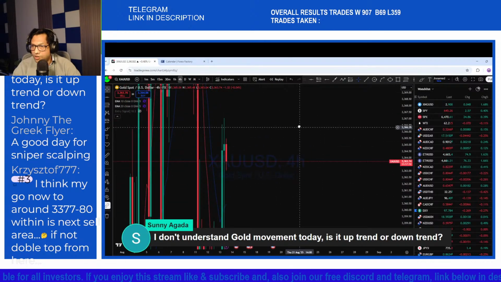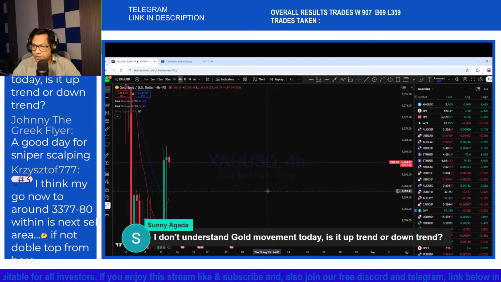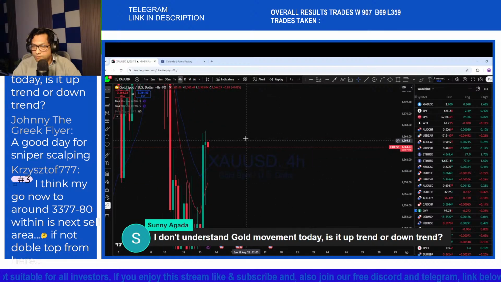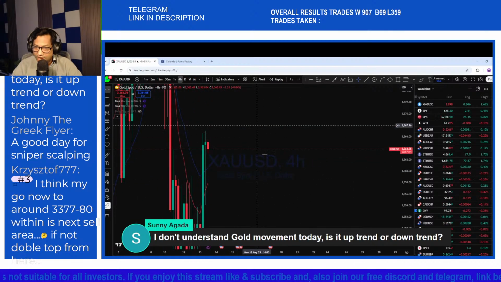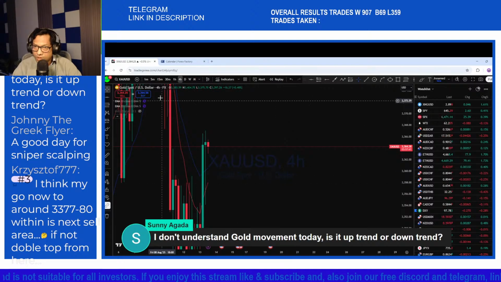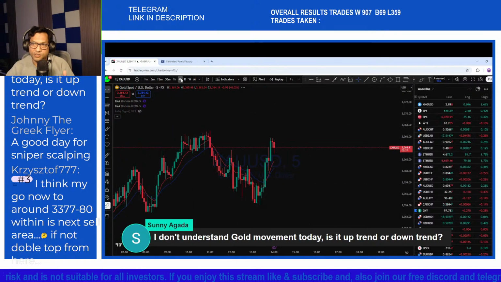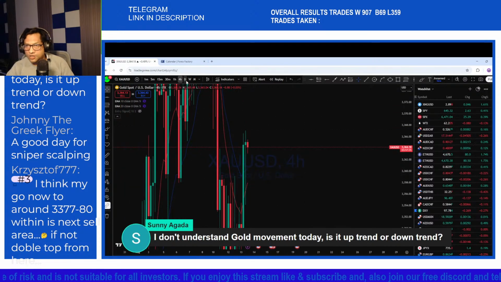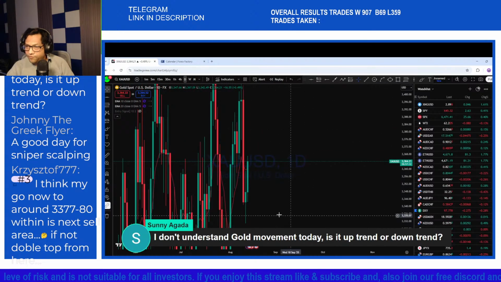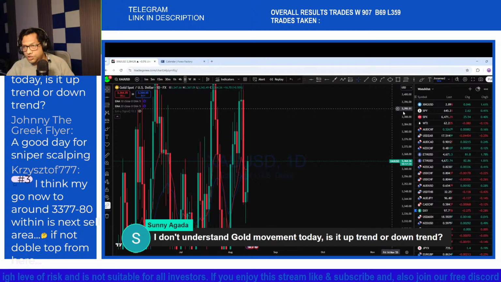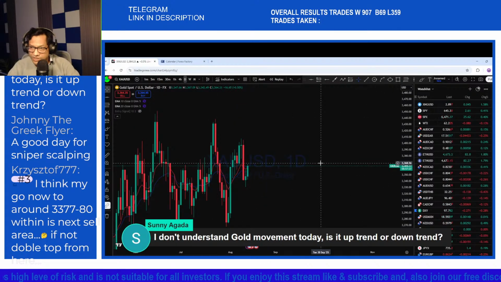So the 4 hour here, there is a doji, and it may try to fill that gap here and then potentially turn the market, a little confused because of the trend change on the daily, potentially from this level, and could see that daily trend continuation to the upside here.